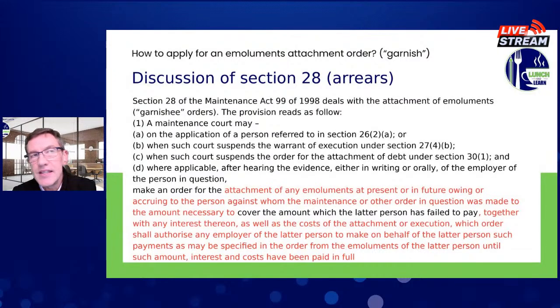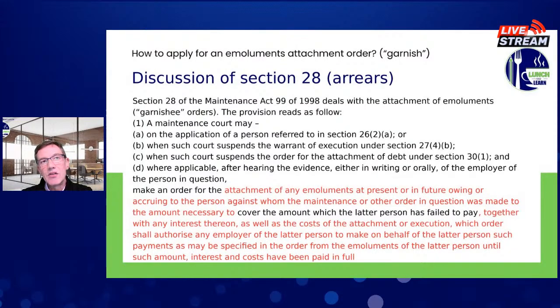So let's look at the discussion of Section 28. Section 28 is found in Chapter 5 of the Maintenance Act, and that deals specifically with the enforcement of arrear amounts. So you would have an option, like we discussed in the previous webinar, of the enforcement of arrear maintenance.